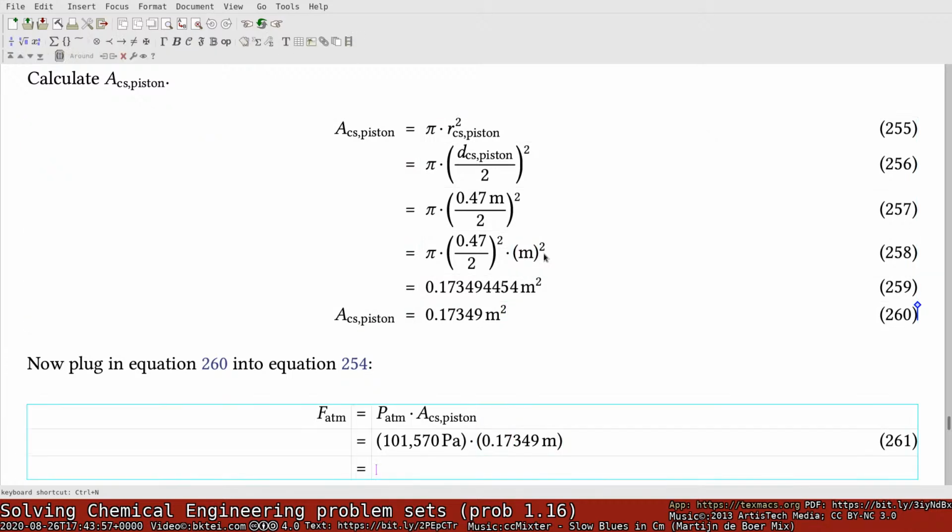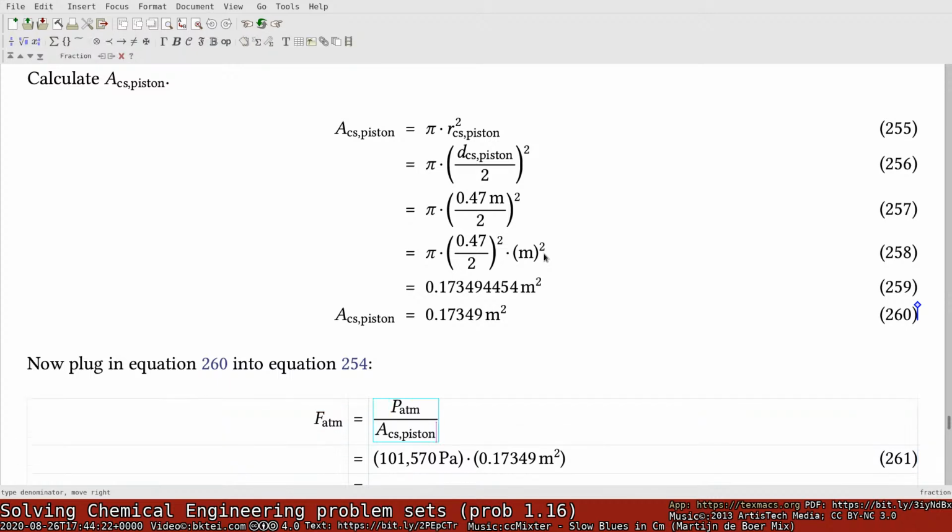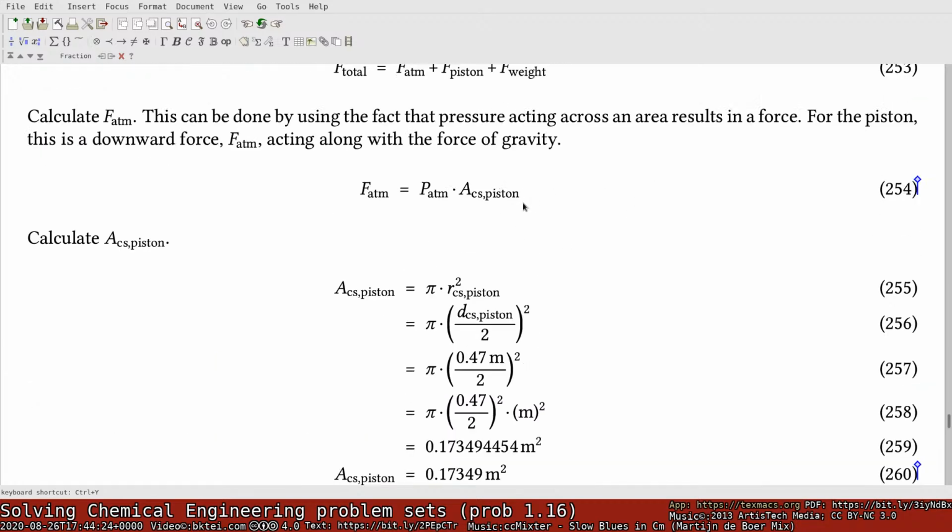Okay. Yeah, okay. So we got meters squared. Oh, and that is actually totally wrong. This is supposed to be a division, not multiplication. There. Pressure acting over an area.